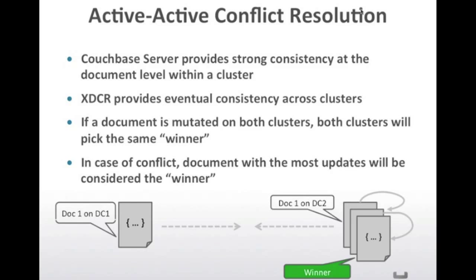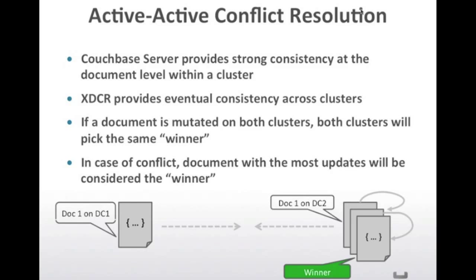In case of a conflict, there is a conflict resolution that we do, and the document with the most updates will be considered the winner. For example, if there's a doc1 on DC1 where you have an update, and there are 3 updates that happen on data center 2, then that latest will be considered the winner on both sides.